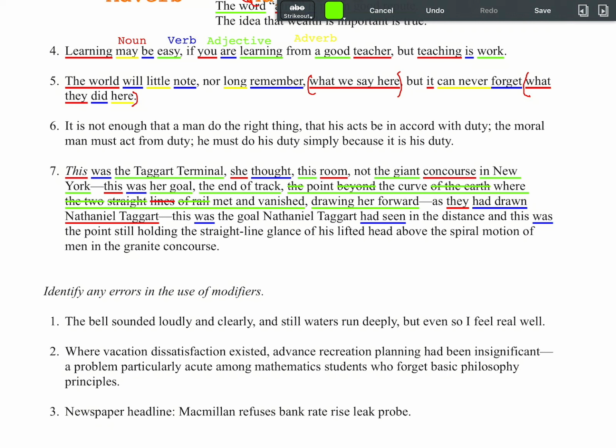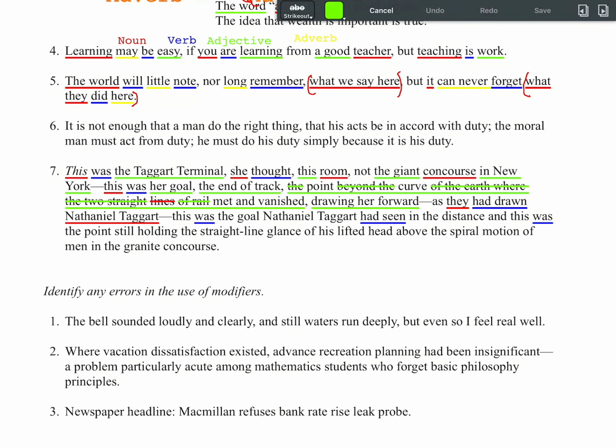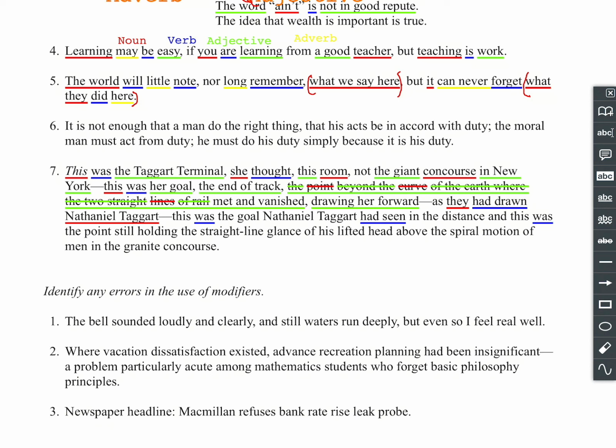Then where are the two straight lines? Like, where is part of the later adjective phrase? And we can, like, mark the as an adjective, or we could mark it as part of a noun phrase with point and curve. Like, the point and the curve are noun phrases with a noun and an adjective.